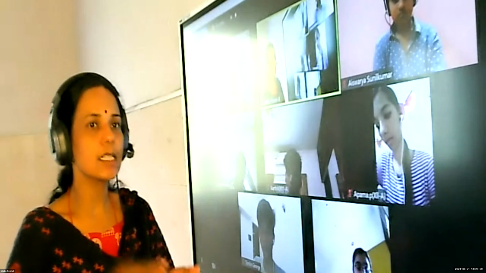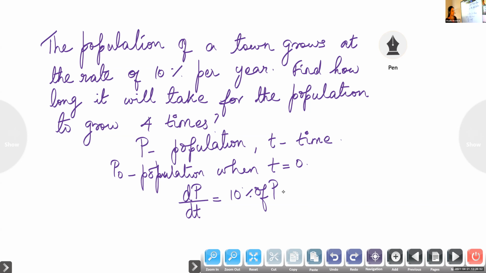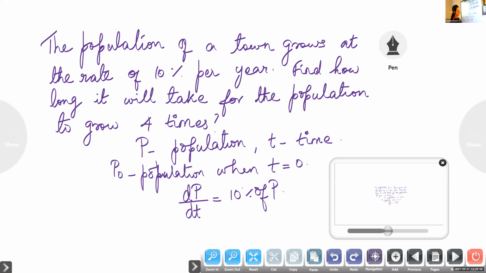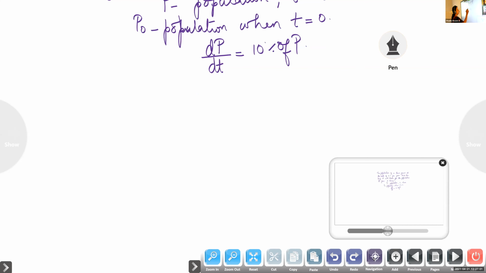P is the alphabet we are using for denoting the population and t is the time. So what is given? It is dP by dt. dP by dt is equal to 10% of P, the population growth.